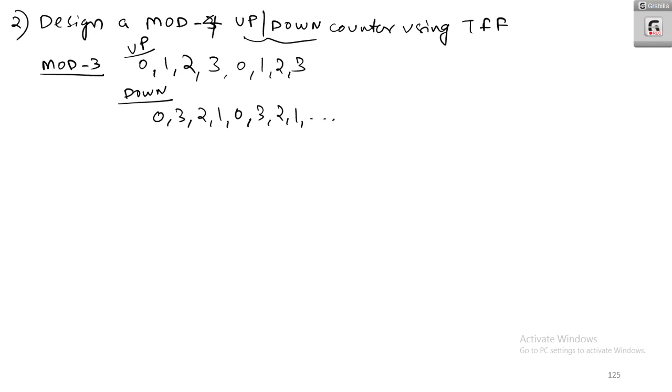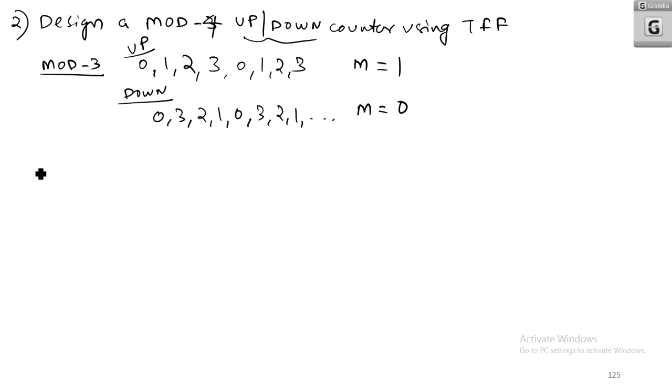So here there are two modes of operation. For up counting I am taking mode M as 1, and for down counting I am taking mode M as 0. So that is a fourth input that I need to have. I need to select the mode. When mode is equal to 1, it will go with up count, and when mode is equal to 0, it will go for down count.